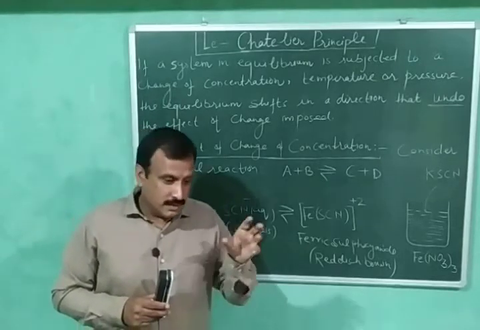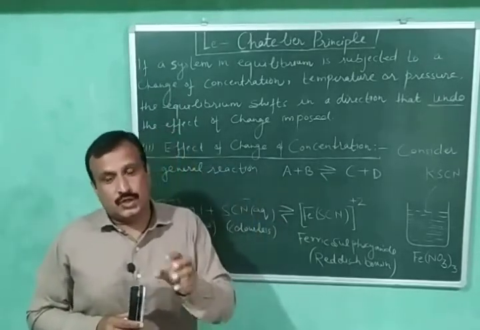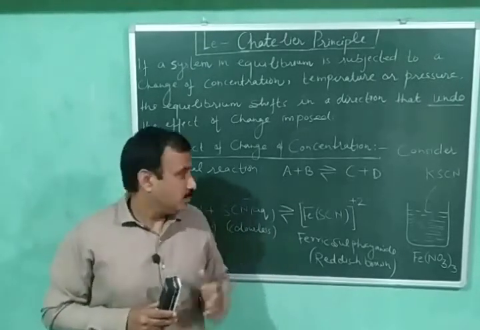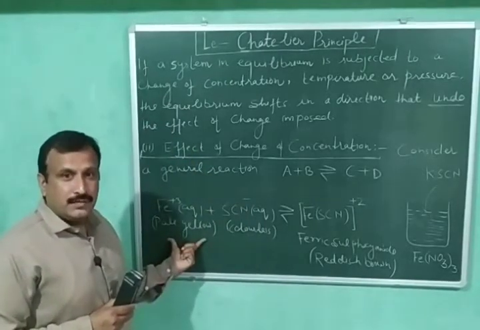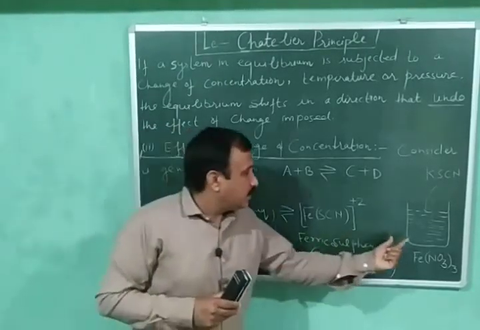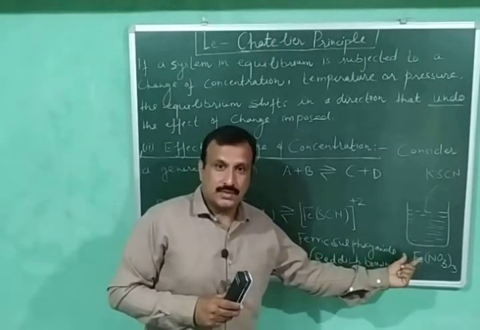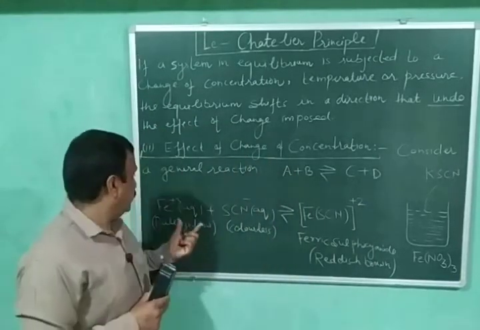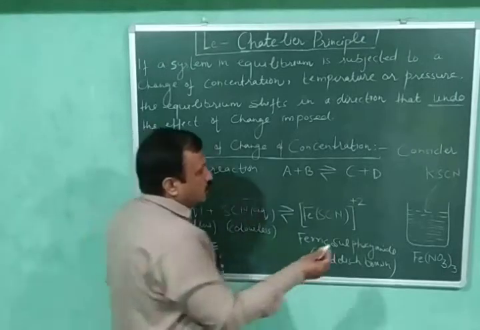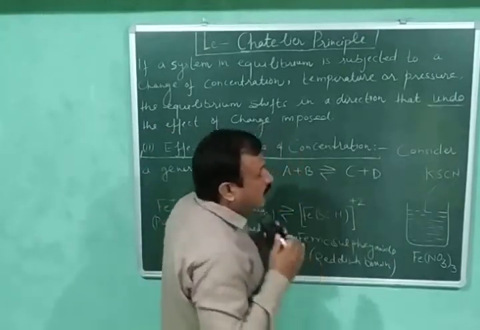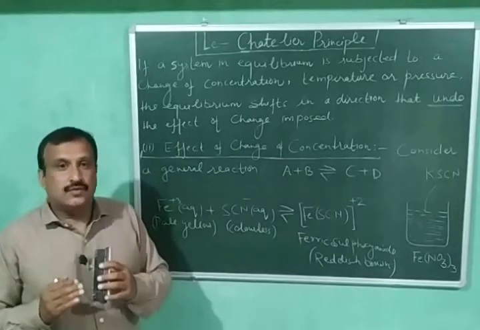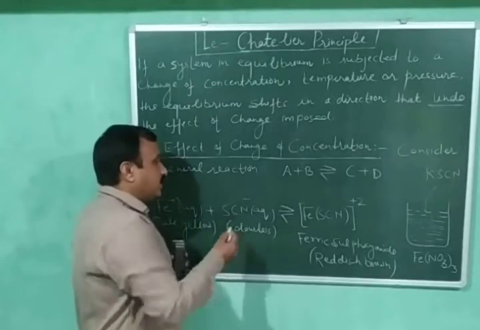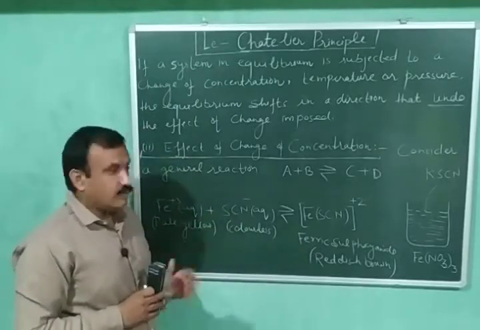This effect of change of concentration on the state of equilibrium can be easily demonstrated in the laboratory with the help of this reaction. We have taken an aqueous solution of ferric nitrate, which contains ferric ions, and to this solution I am going to add an aqueous solution of potassium sulfocyanide, which gives us thiocyanate ions, that is SCN negative ions.